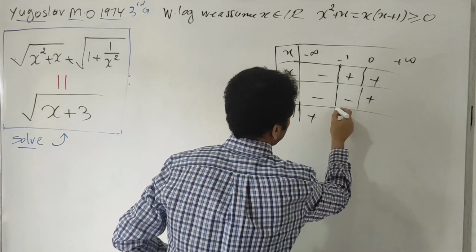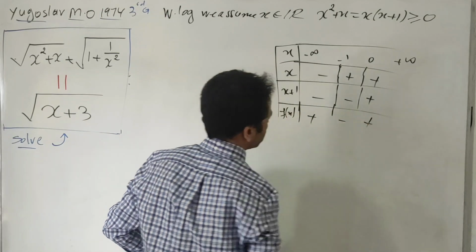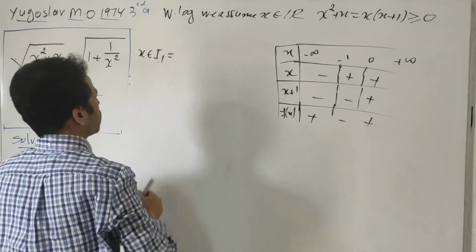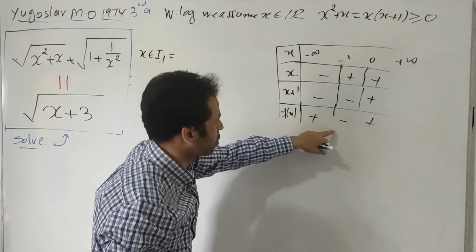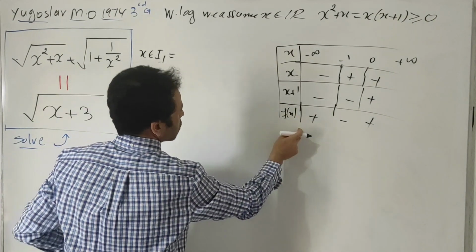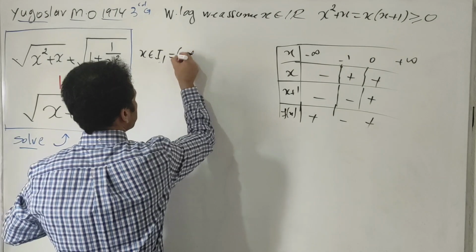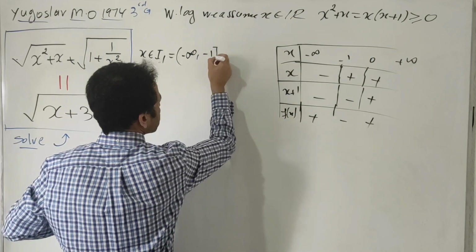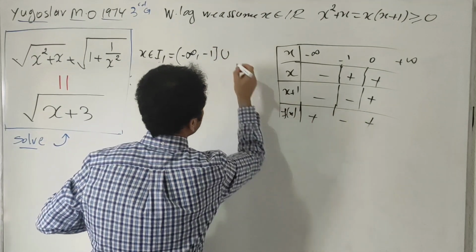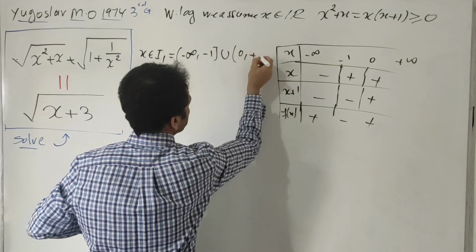Let's call I1 the interval. We are going to pick only the positive intervals: from minus infinity to minus 1, union 0 (not included) to plus infinity.